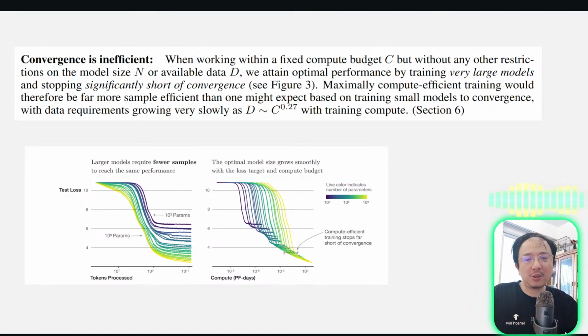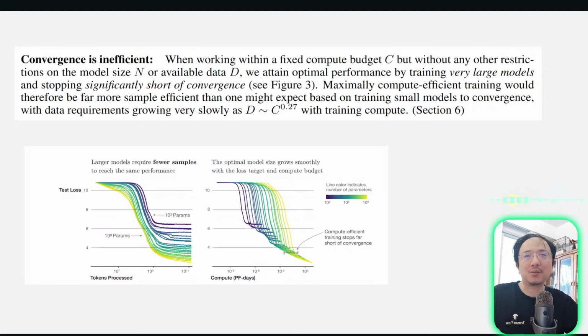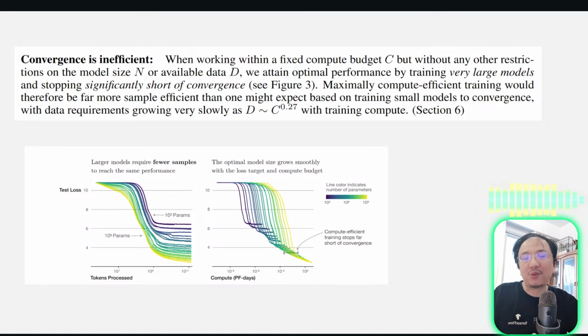You can calculate the cost of each possible configuration, and they found that for a given budget, it is usually cheaper to train a larger model than a small model, because large models converge fast at the beginning, if you are considering the performance.